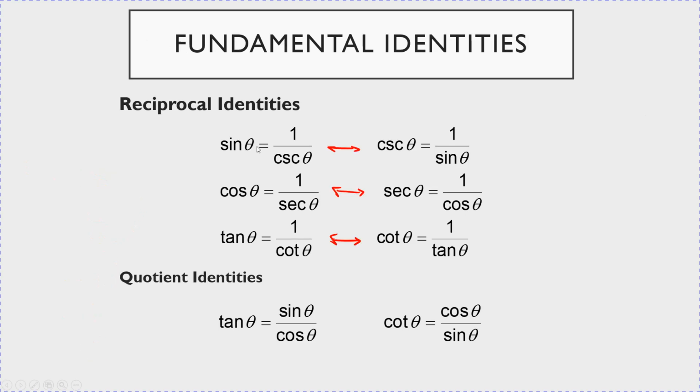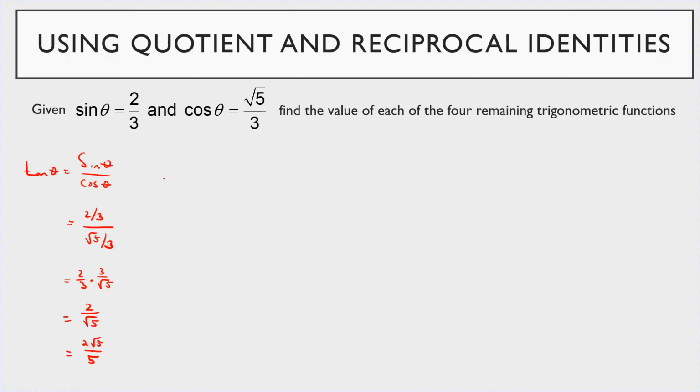All right, so let's go back. Now let's use cosecant here. Okay, so we know cosecant of theta is equal to 1 over sine of theta. Well, that's 1 divided by 2/3. Keep, change, flip. This is just 3/2.